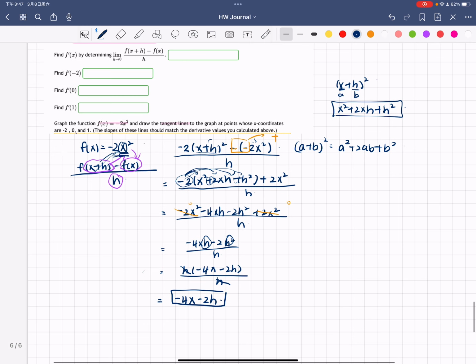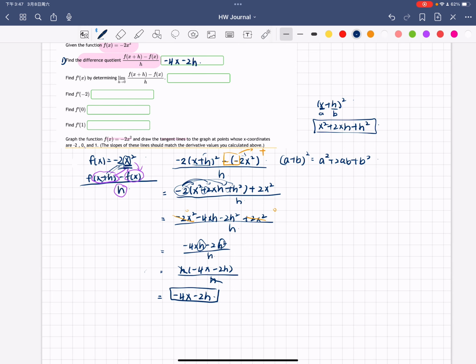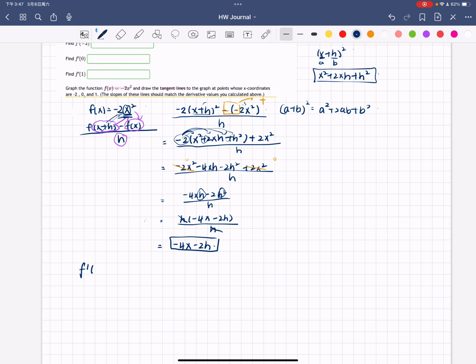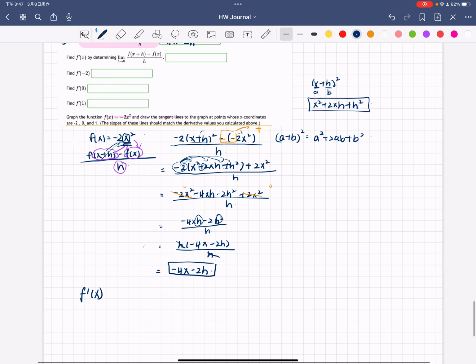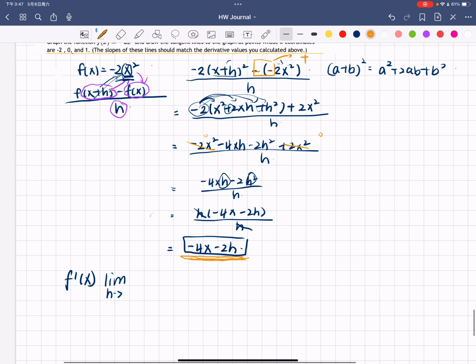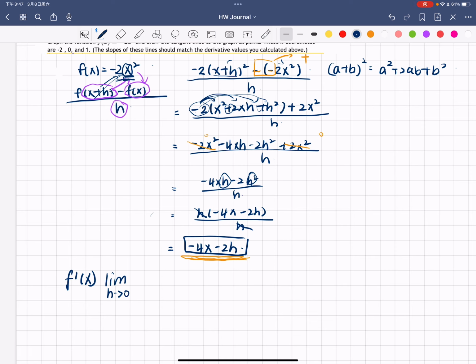Alright, next, we're going to find the derivative function of x by determining the limit as h goes towards 0. Quite simple. We're going to be using the function that we received as a result from our previous part, and we're just simply substituting h for 0.